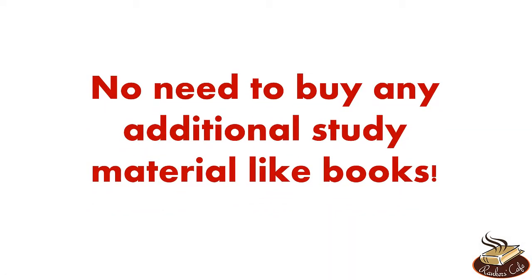Now as far as study material is concerned, you do not need to buy anything else apart from our course material. We will provide you with all the theory as well as more than enough questions for practice. The only thing we need from your side is the willingness to work hard. We are providing you with everything else.